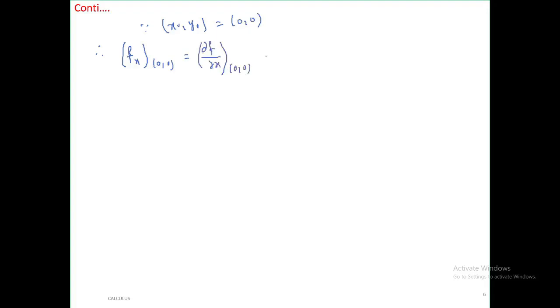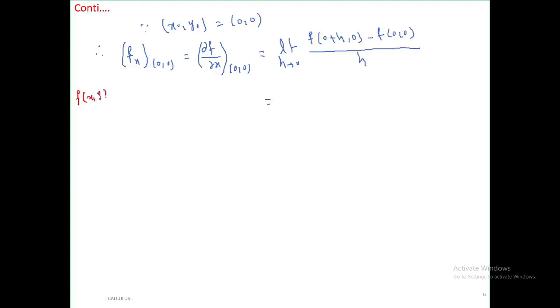At origin it is nothing but limit h tends to 0, f of 0 plus h comma 0 minus f of 0 comma 0. Wherever x naught, there you write 0, wherever y naught, there you write 0. Now what is f of x comma y?